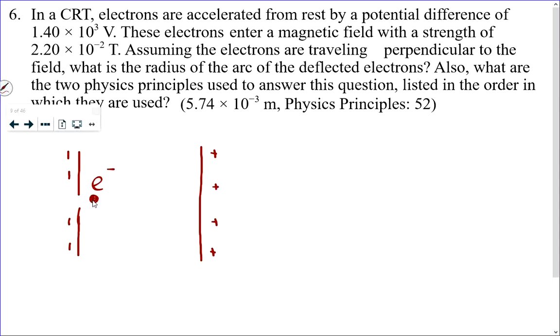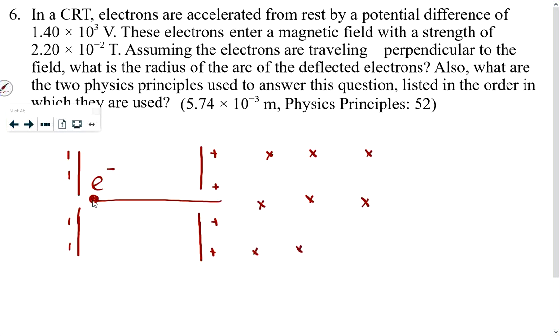Okay. And then what's going to happen is, I need another little hole here. Then the electrons will pass through this opening and they're going to hit a magnetic field. It doesn't really matter what the direction of the magnetic field is. I'm going to choose into the plane of the paper.